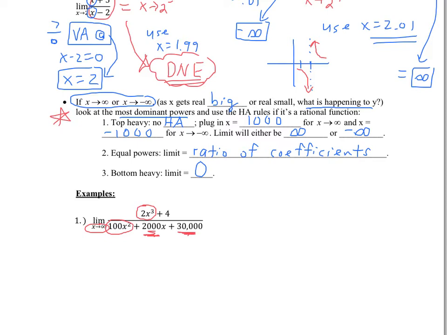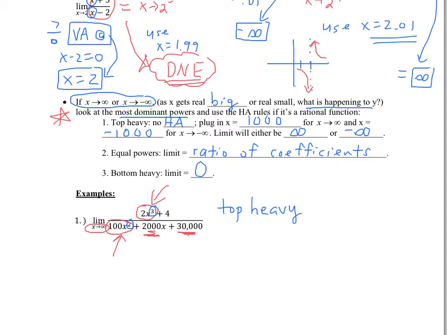So if we look at 2x cubed versus 100x squared, first of all, this is top heavy. This 3 right here outweighs the 2. Okay, so the power makes this top heavy. So that means we're going to look at our first situation where there's not going to be a horizontal asymptote. Since x is approaching infinity, we want to plug in something big like 1,000.